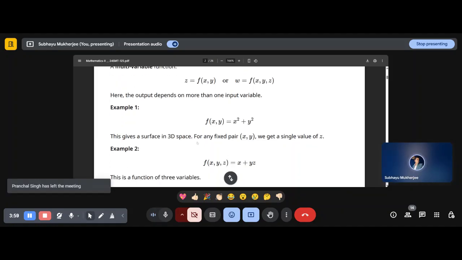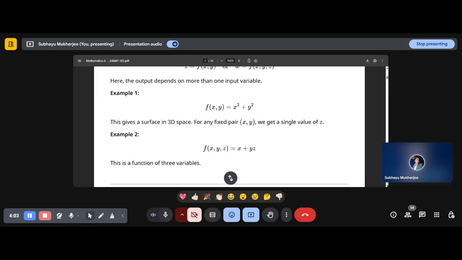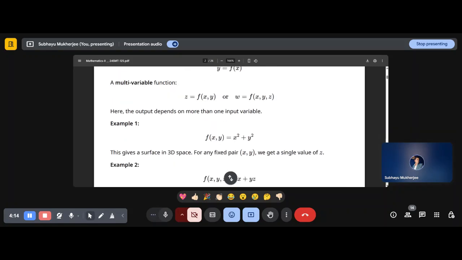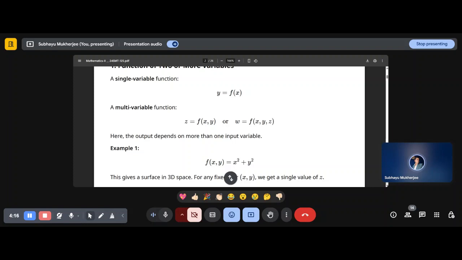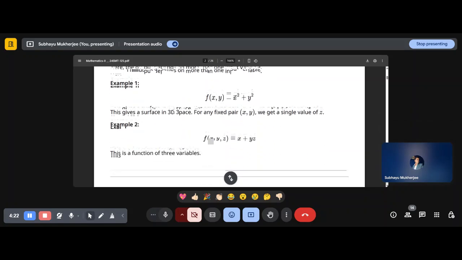Similarly, this gives us a surface in 3D space. Another example of a multivariable function is f of x, y, z equals x plus yz. Here there are 3 variables expressed as a single function. Again, if I write y equals 2x plus 3, then it is a single variable function.